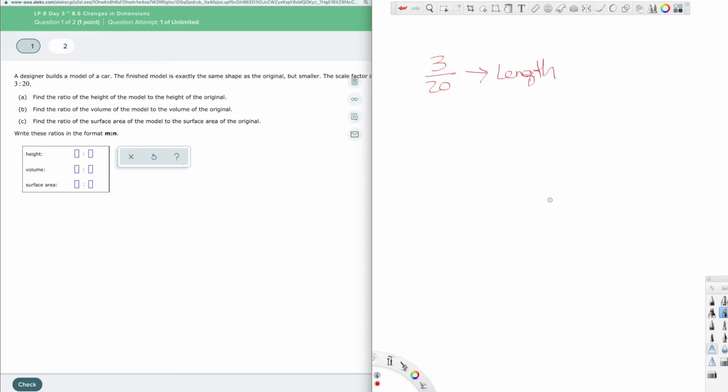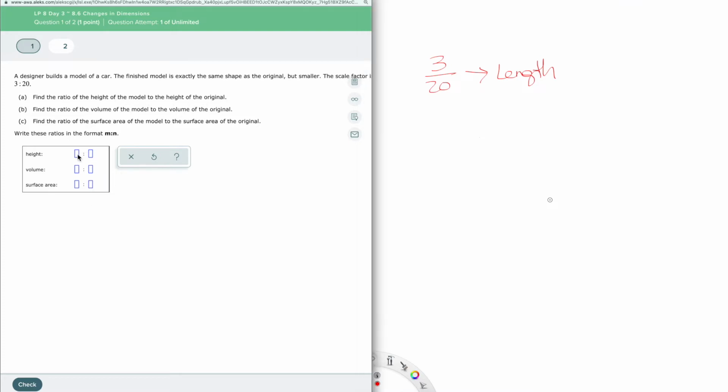If this was a side length, a height, a perimeter, anything where it's just a measurement, just a length, this will be our scale factor. So if we read these, we have the ratio of the height of the model to the height of the original. Well, height, that's a length. So the model is 3 and the original is 20.